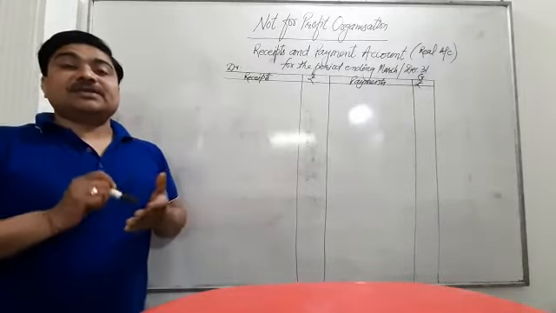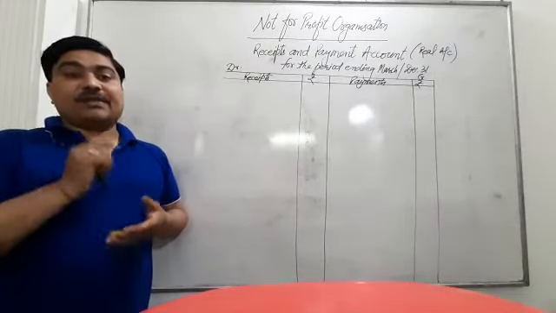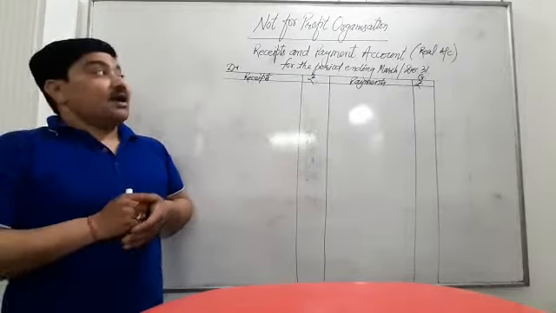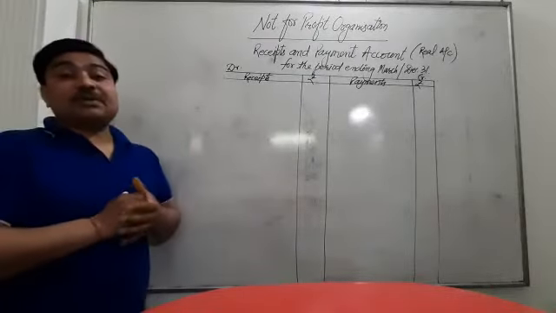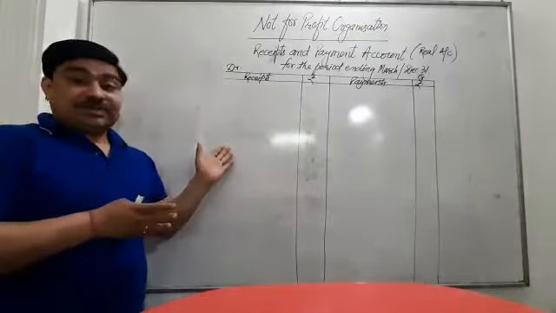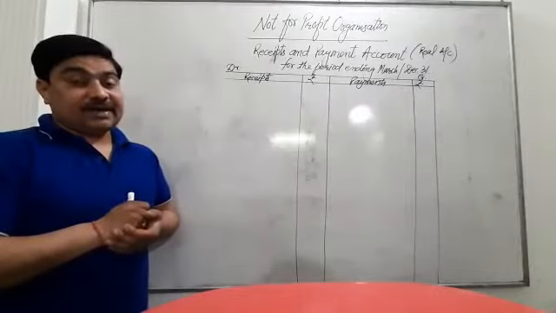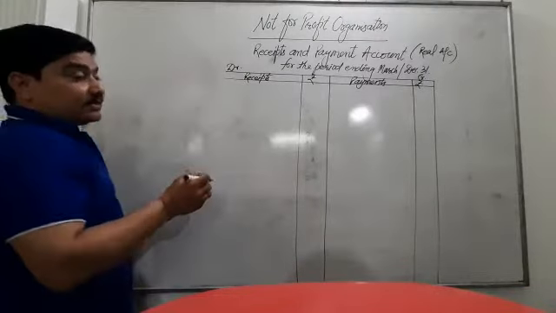CBSE will deduct 25% marks for this mistake. And remember the format should be proper as I'm teaching you, in the same way, not in some other way. So now let us start.